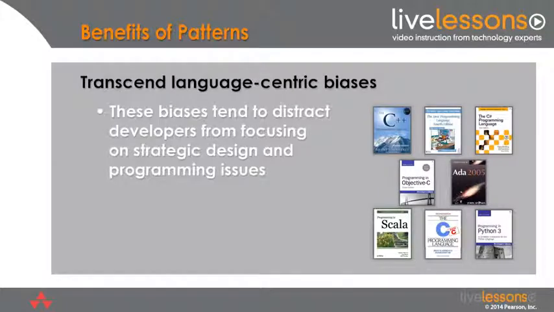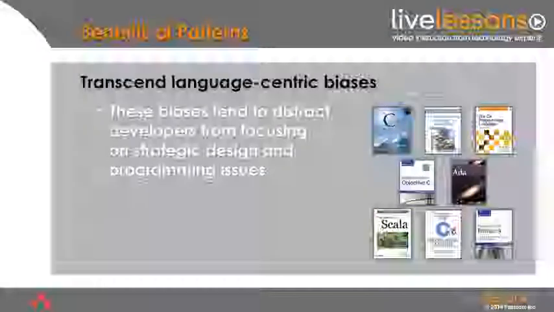But one of the things I've noticed is if people get too carried away with programming languages, they tend to be distracted from what really matters, especially in large-scale systems, systems that are going to live for a long time, have many people involved with them, mission-critical or safety-critical behavior. In those kinds of environments, the programming languages are important, but they're relatively tactical in scope. And what's really strategic is understanding the key architectural issues, the component relationships, and the patterns that help guide and weave all those various elements together.